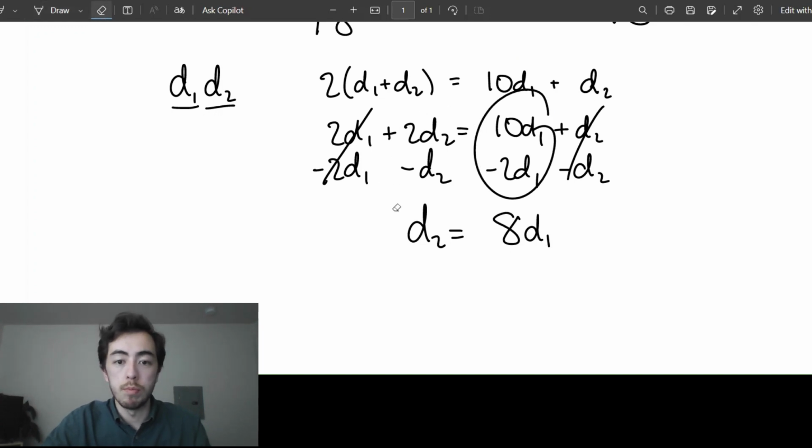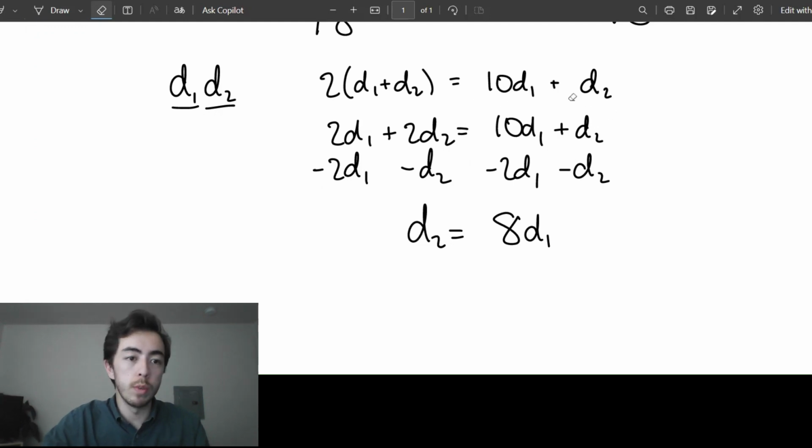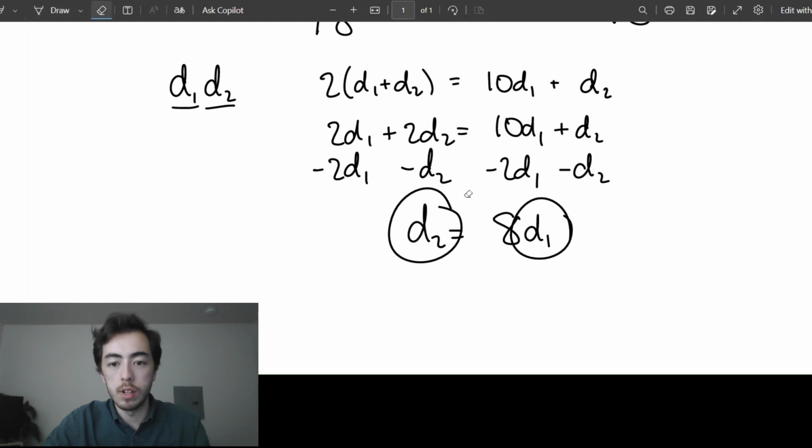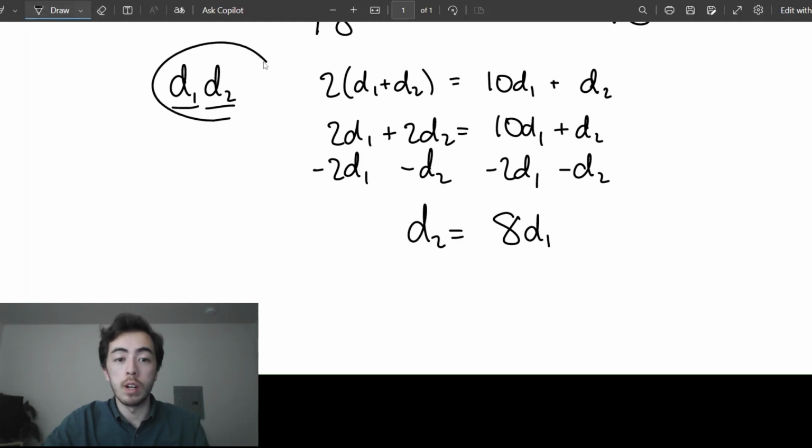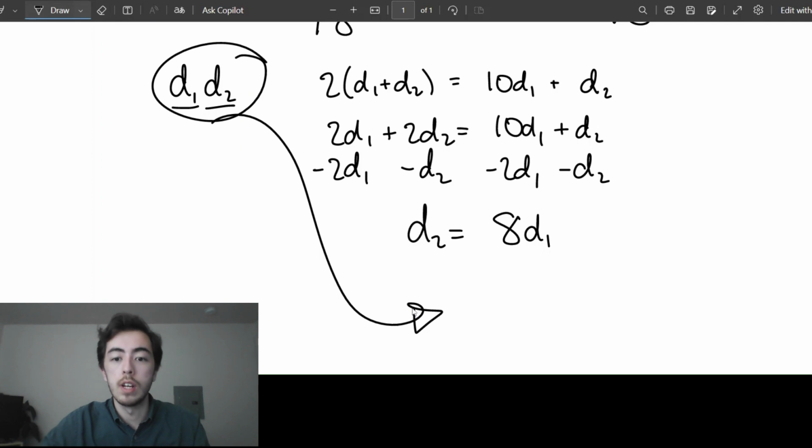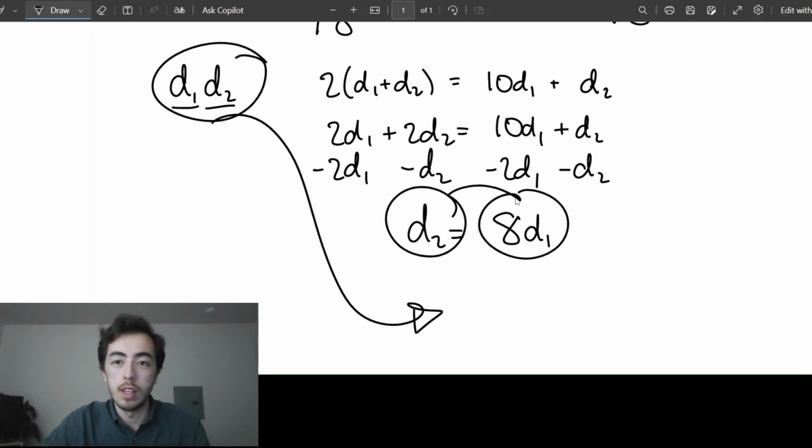Now we have a pretty direct relationship between the first digit of our number and the second digit. Assuming that we are working with two-digit numbers, the second digit needs to be 8 times the first one. So we could try a few two-digit numbers.